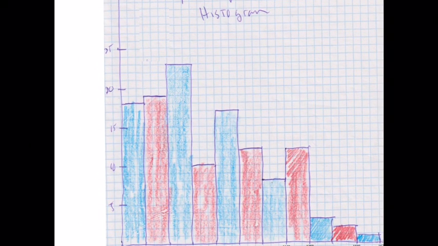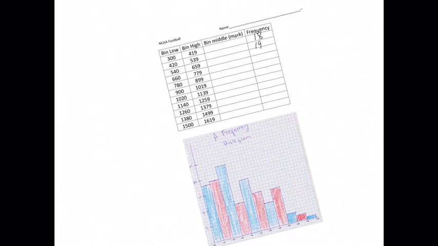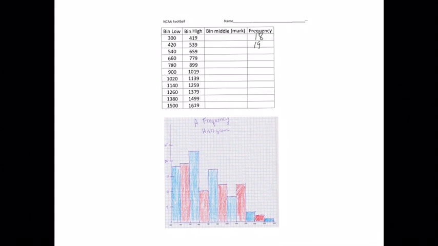Next bin, I see 23. Let's see if I can shrink this down a little bit and still be able to write this in. So what do I say, 23? Let's see if I can write in 23. And then the next one is down here, and that's what, 10?